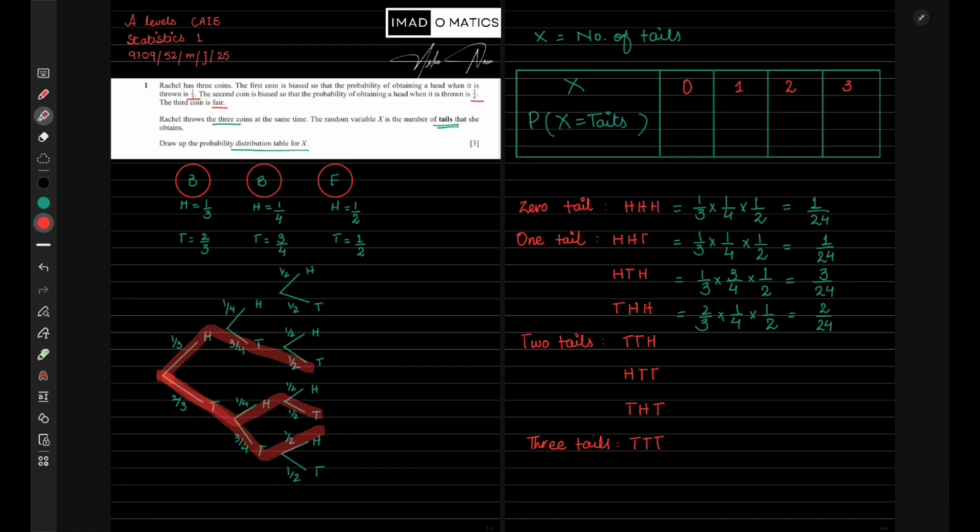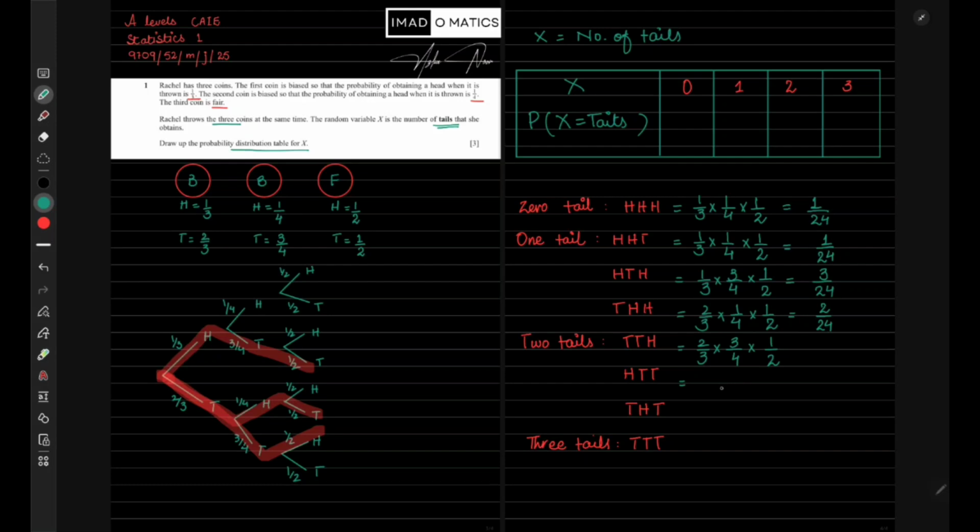All these 3 possibilities we have taken. Now tail, tail, head is 2 over 3, 3 over 4, times 1 over 2.